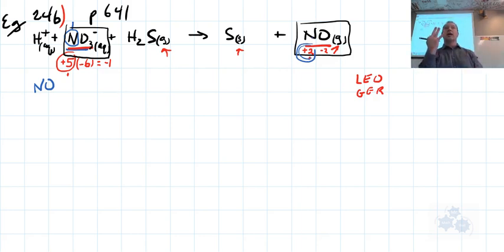So that means that it's picked up 3 electrons from something else in this reaction. The 5 doesn't mean it has 5 electrons, you know what I mean? We're comparing the state from the beginning to the end.